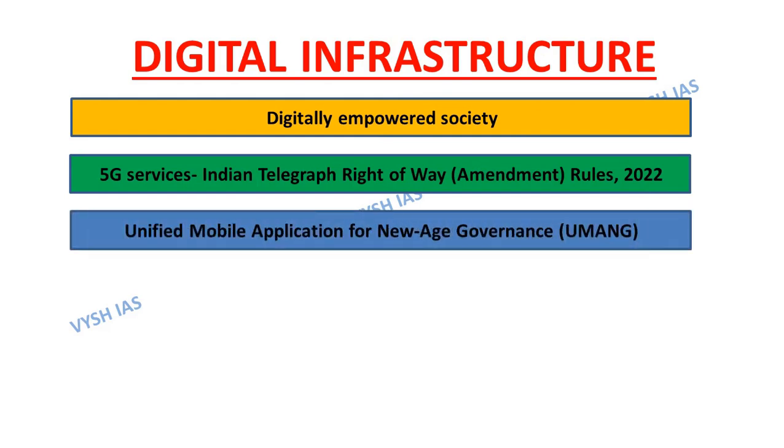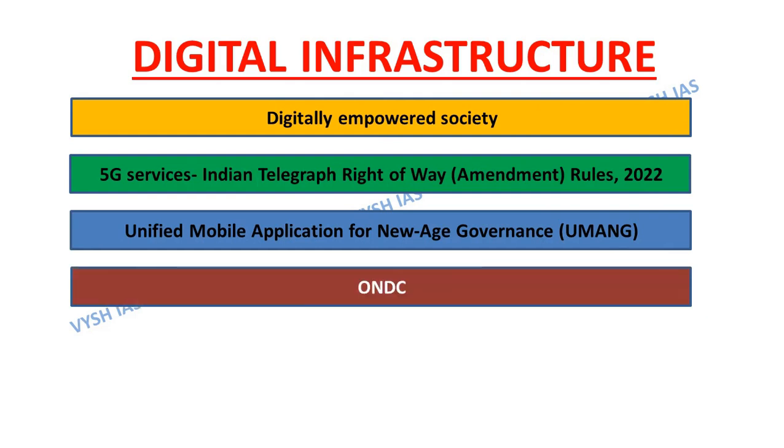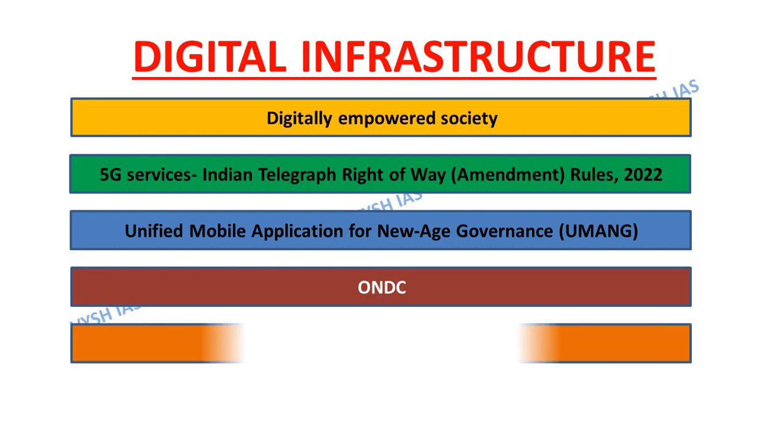To reduce the search cost for the commoners, the government launched the Unified Mobile Application for New-age Governance, that is Umang. The ONDC will make the e-commerce landscape more inclusive, accessible and experience driven for all the consumers and sellers, especially for small businesses that will exercise more freedom in business decision making.